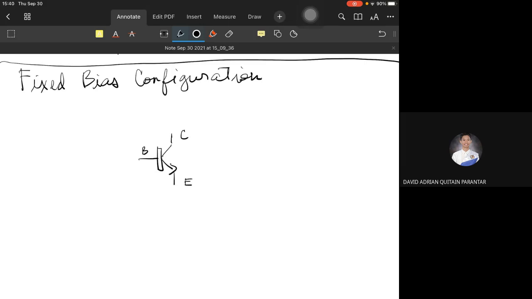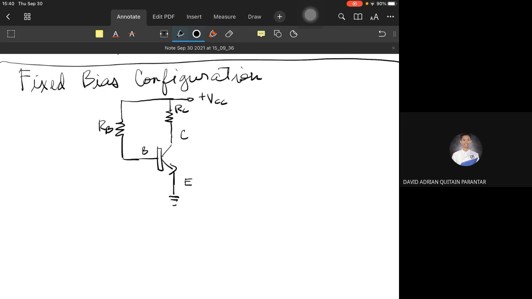We connect a resistor to the collector, and we also connect a resistor to the base. The emitter connects directly to ground, and both the base resistor and collector resistor connect to a voltage source. We call that VCC. This is our RC, this is our RB.